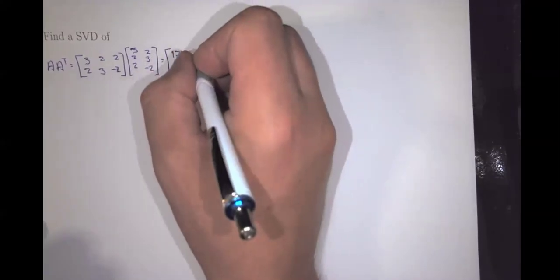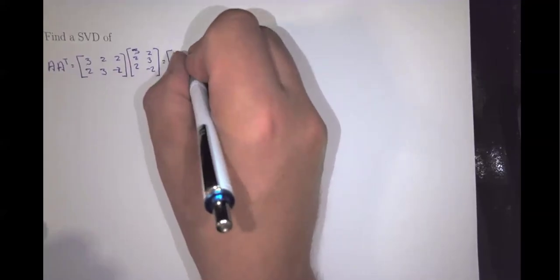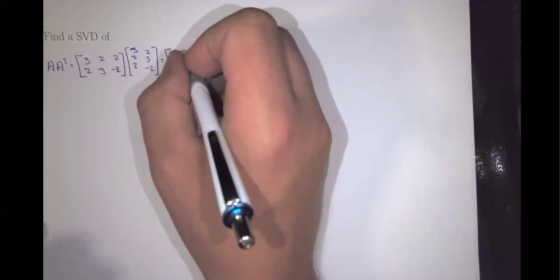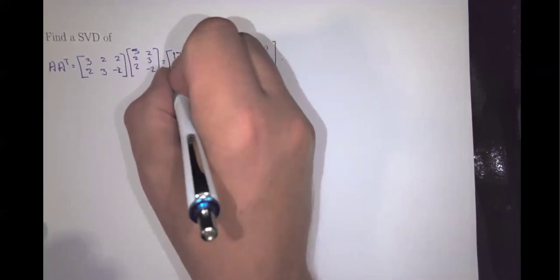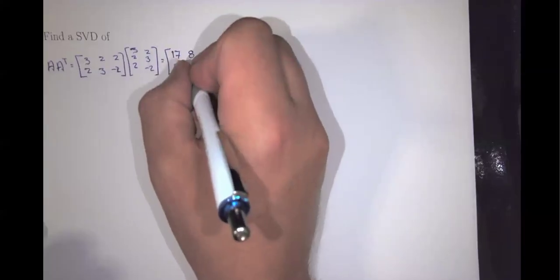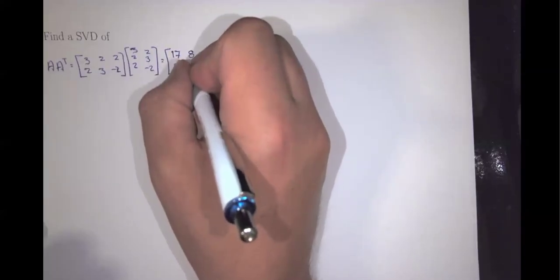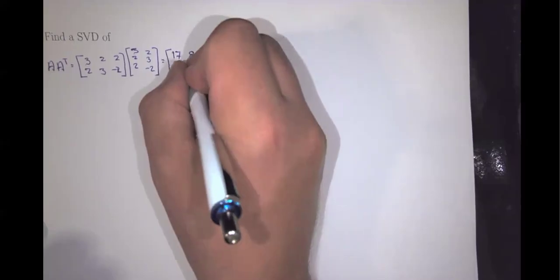And then we've got 6 plus 6 minus 4 is 8. Then we've got 4 plus 9 plus 4 gives us 17.